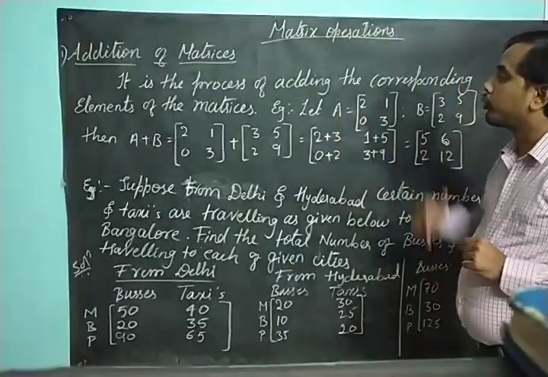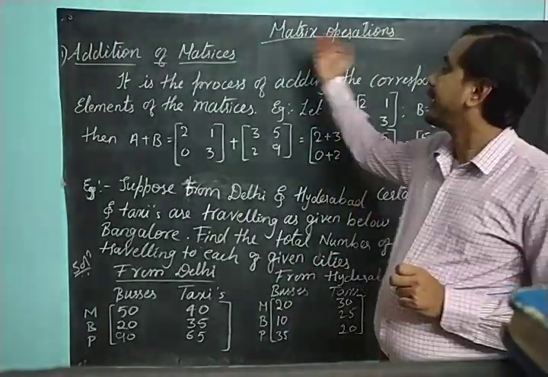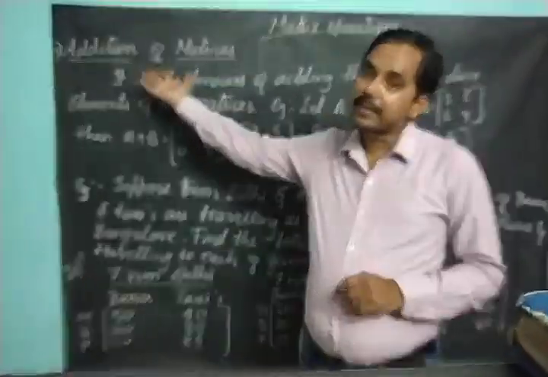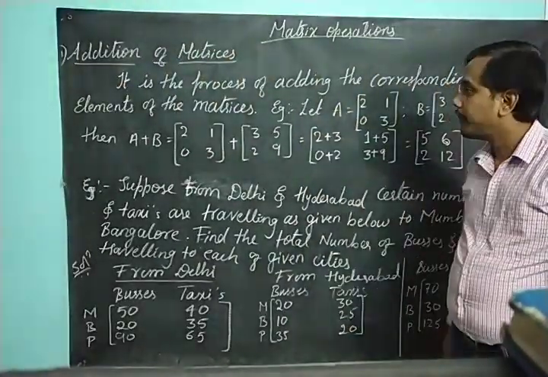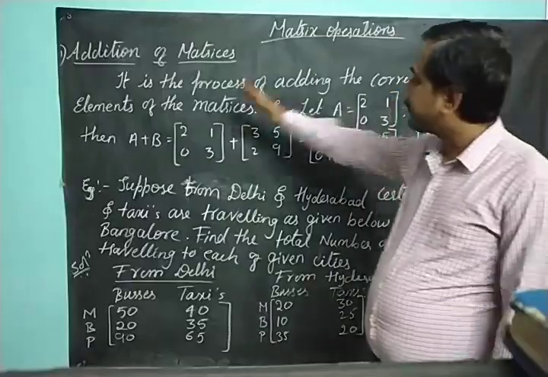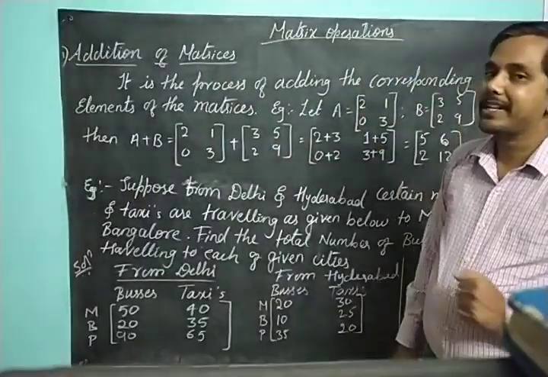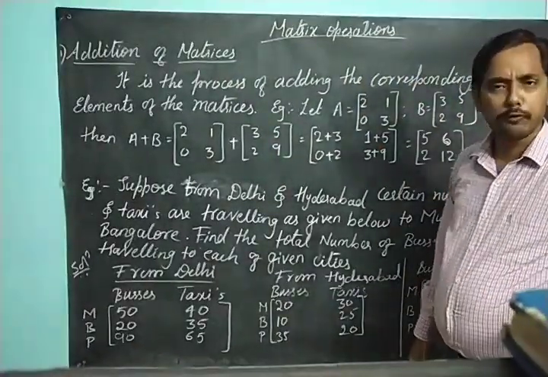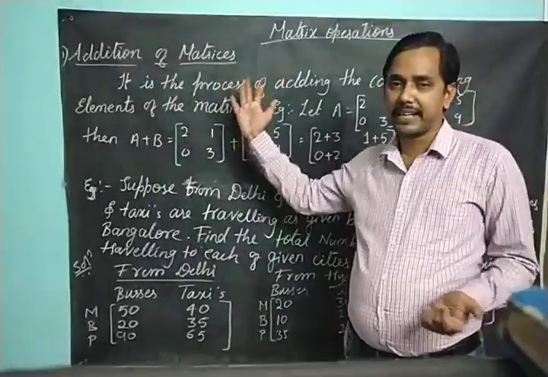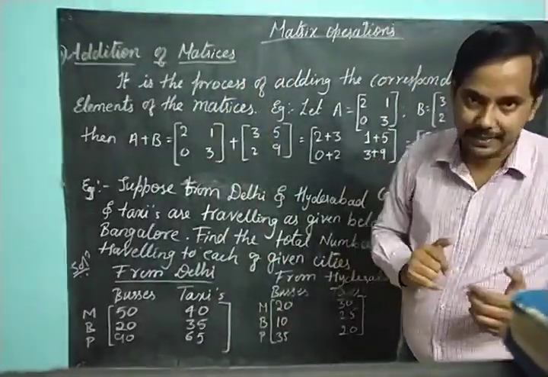Coming to our topic of today, there is matrix operation. First one, let us start with addition of matrices. As the definition is displayed on the board, what is addition of matrices? Addition means sum of two numbers. Here addition of matrices is the sum of two matrices.